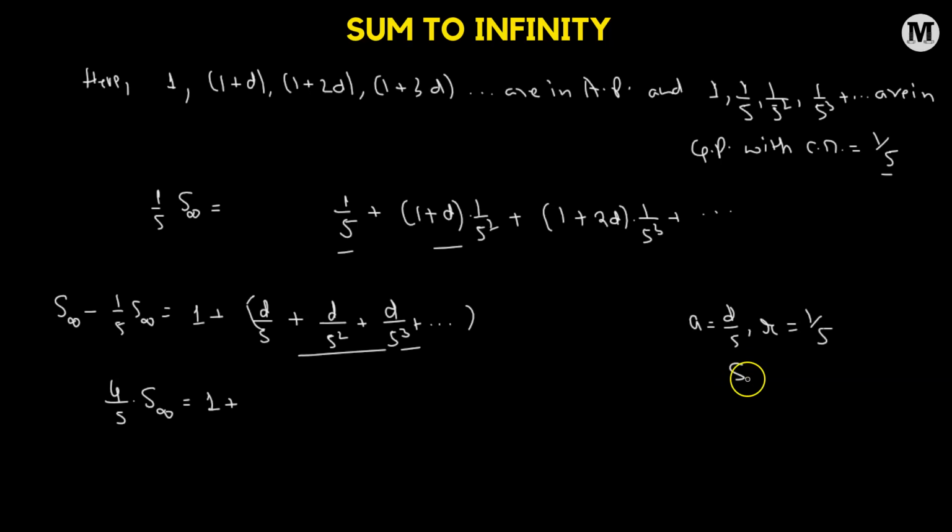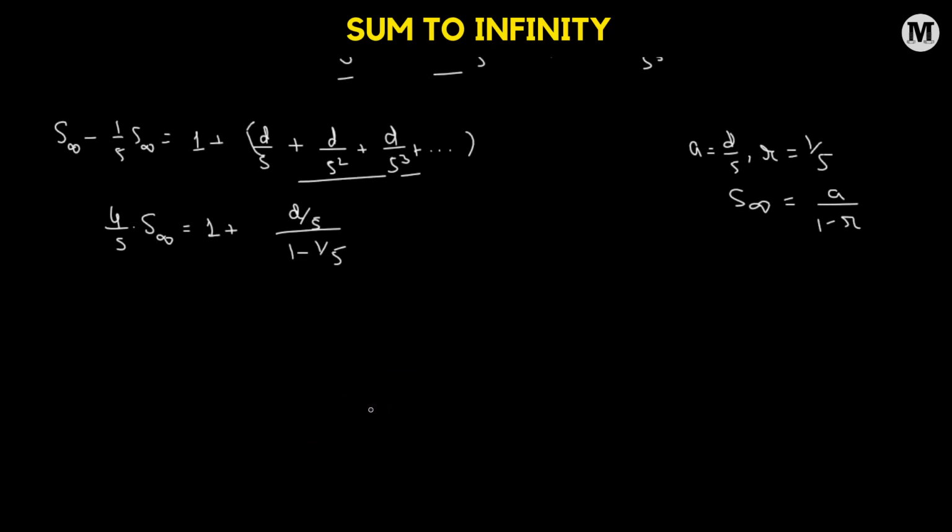We have a standard formula for the sum of the infinite terms of a geometric series: the first term divided by 1 minus the common ratio, which means d over 5 divided by 1 minus 1 over 5. Let's further simplify.